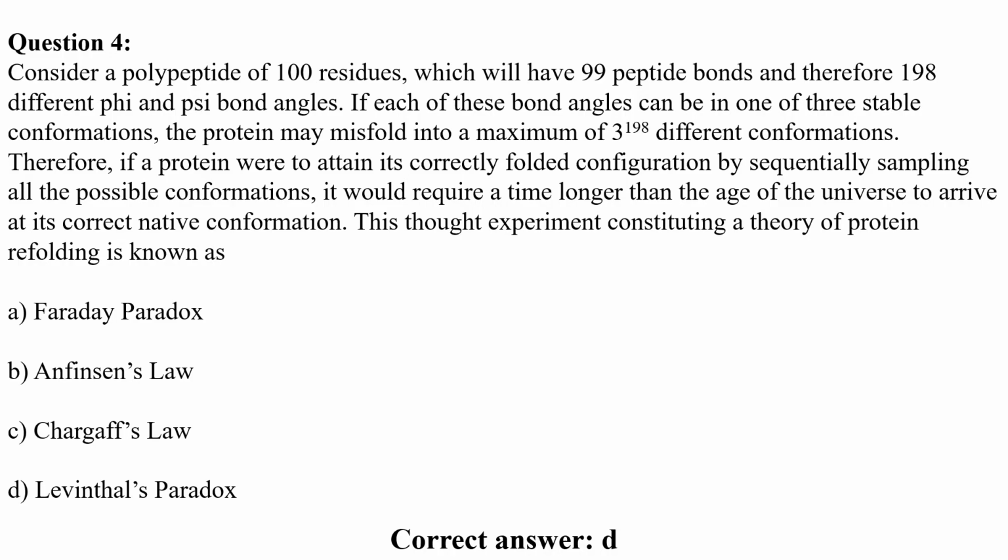It will never happen that it will go through all the 3 raised to the power of 198 possible conformations and then choose one. That doesn't happen. So it's a paradoxical statement. We see in theory that this could have happened, but this does not happen. So this whole experiment was designed by Levinthal, and it is known as Levinthal's paradox.